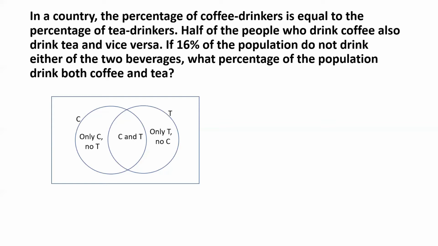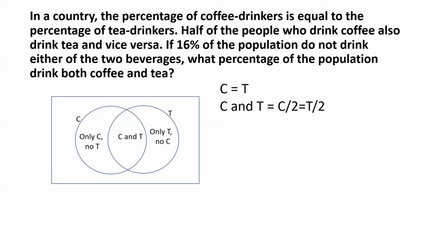Now, in the problem, it's given that the percentage of coffee drinkers is equal to the percentage of tea drinkers, so C is equal to T. It's also given that half of the people who drink coffee also drink tea and vice versa. So that refers to the overlapping area, C and T, both coffee and tea drinkers, which is equal to half of the coffee drinkers, C by 2.